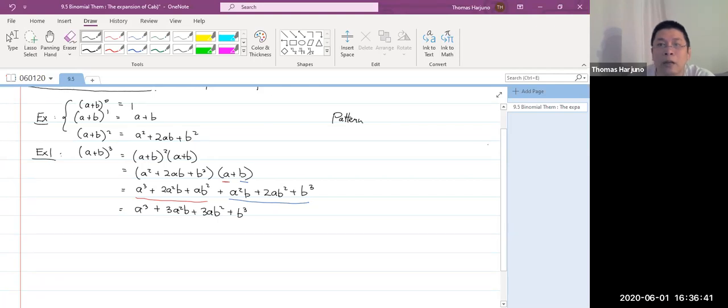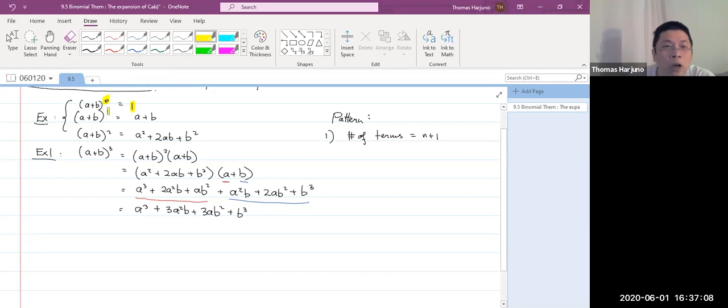The pattern is the following. First one, the number of terms is equal to n plus 1. So you see when n is 0, we have one term.